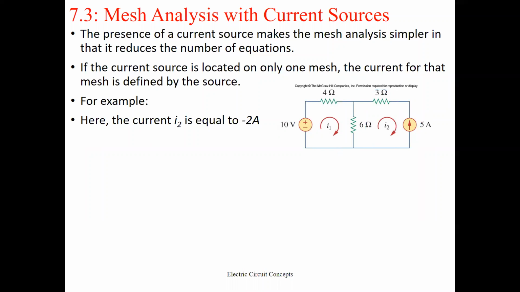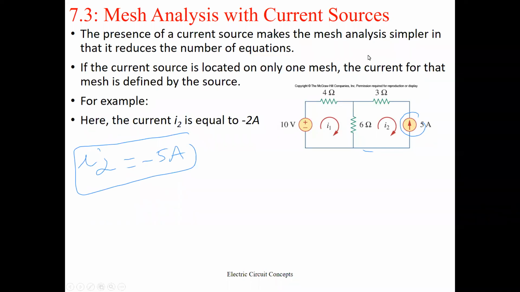So for this case, when we write the KVL for I2, I2 basically will be equal to -5. So actually, if we have a current source on the side of the mesh, it will give us one of the solutions. So it will be even easier than the previous case when we have a voltage source, or both meshes have a voltage source.